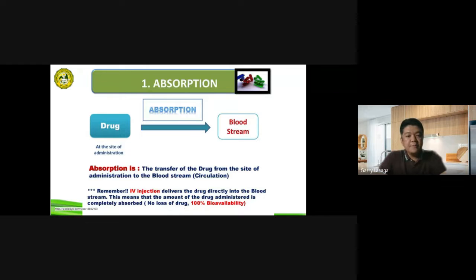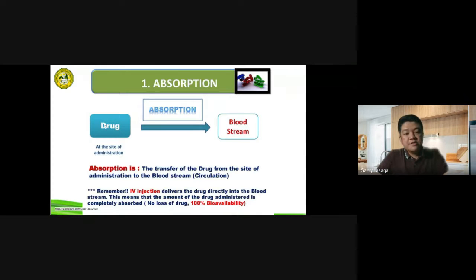For example, for those drugs that are delivered via the IV route, since they are directly delivered into the bloodstream, they have a complete absorption. So they have 100% bioavailability and there is no loss of a drug.